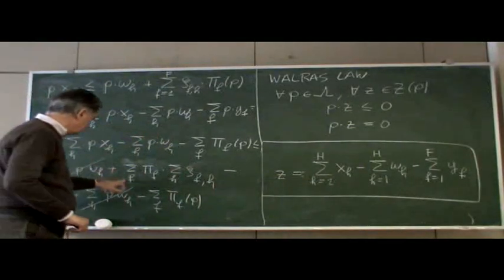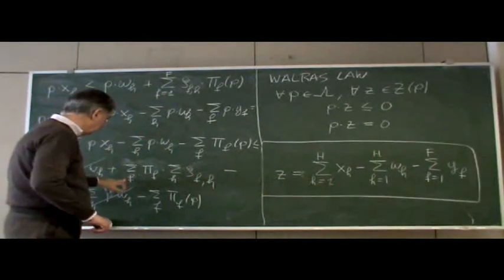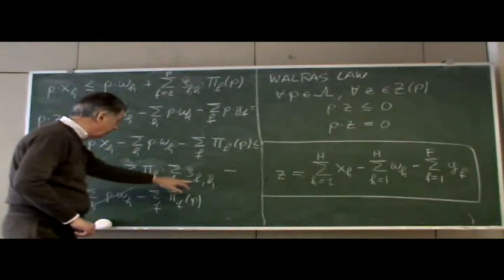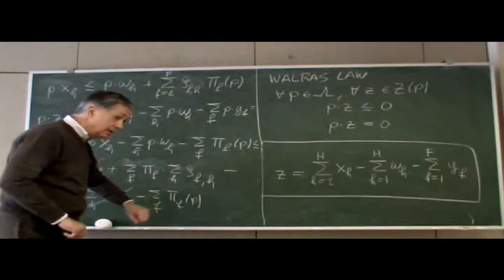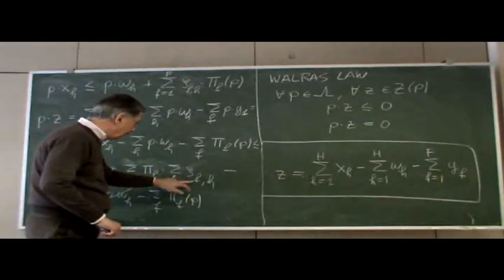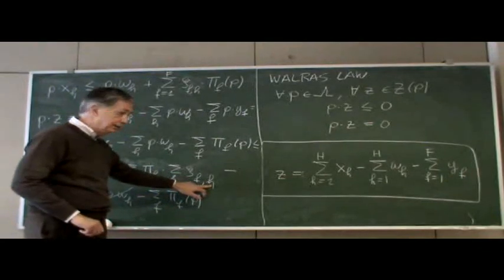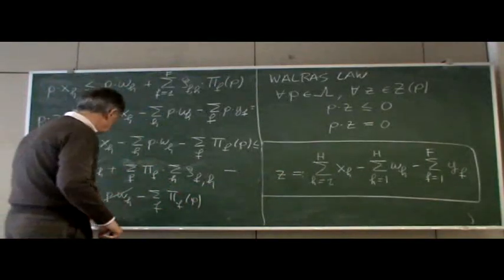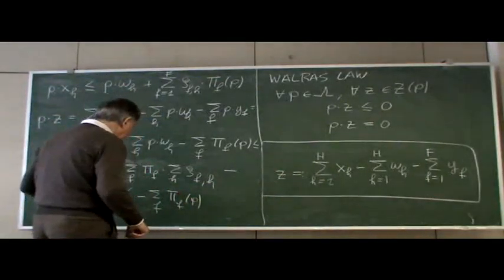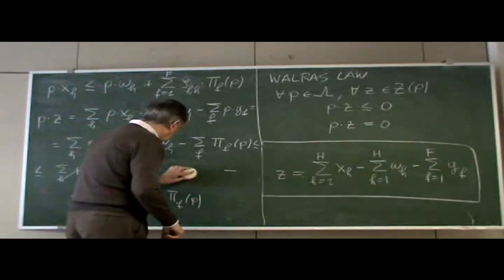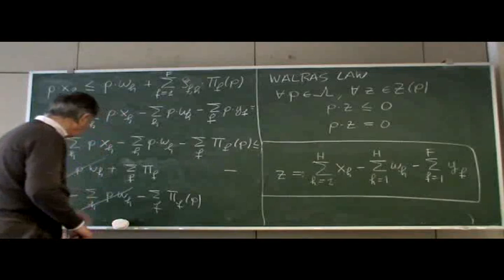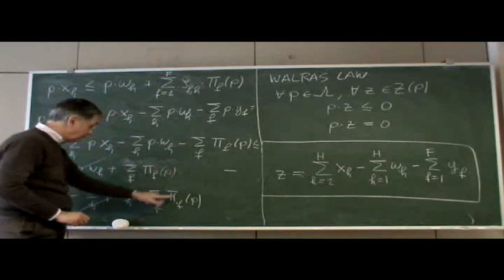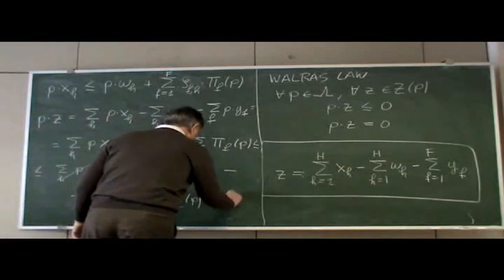You have sum for f of pi f times sum for h of the shares in the property of the f firm given to each household. But this sum, by assumption, is equal to 1. So we can cancel it. And you obtain the sum of total profits of the firms minus the same sum. Z.